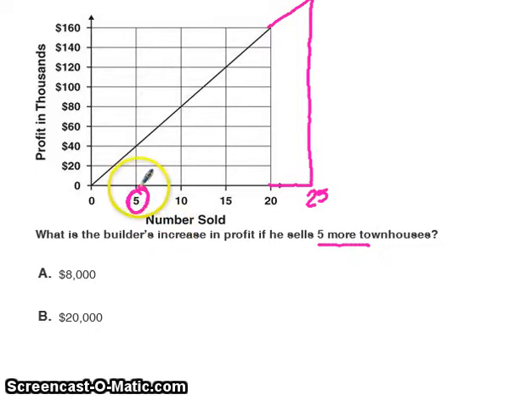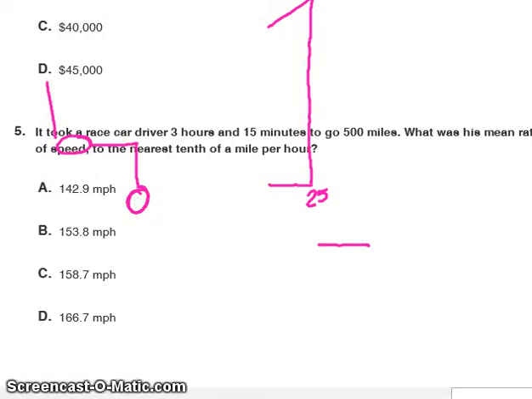If he sells 5 houses, that puts you at 40. In thousands, so that's 40,000. So theoretically, that should not have been too terrible of a question. So we're looking at C here. C should have been your correct answer choice on that one.